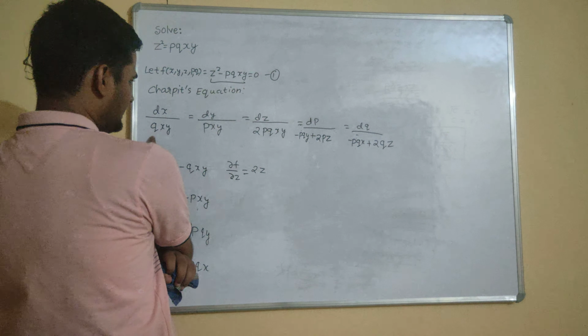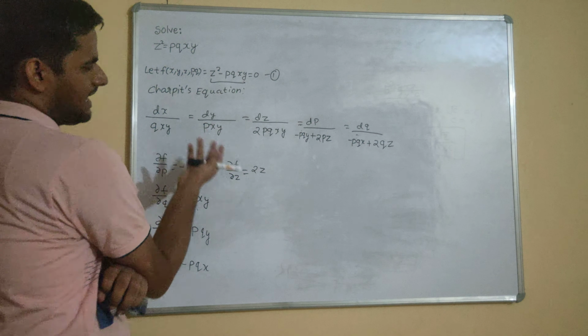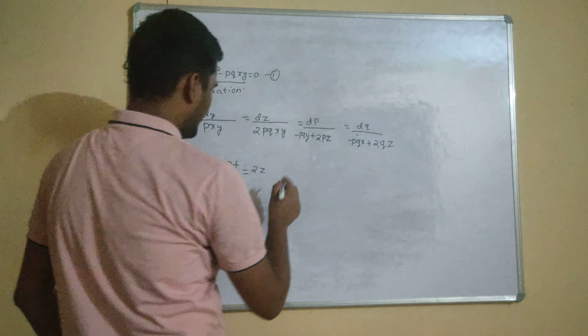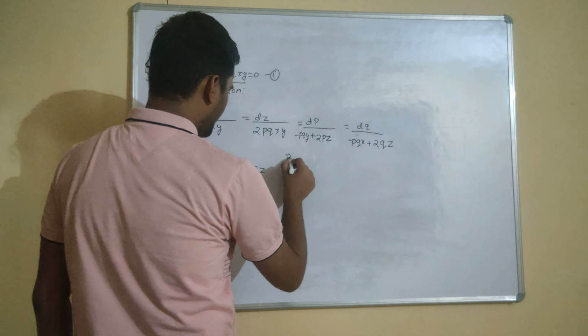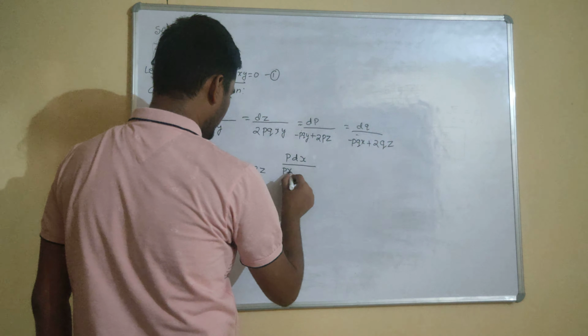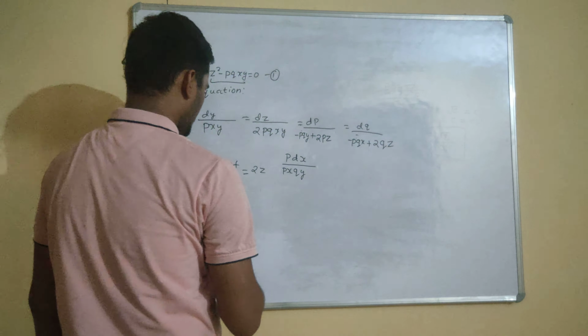If I multiply this equation, I will definitely have to multiply this by p. So if I multiply first by p, I will get p dx divided by pqxy. Okay.